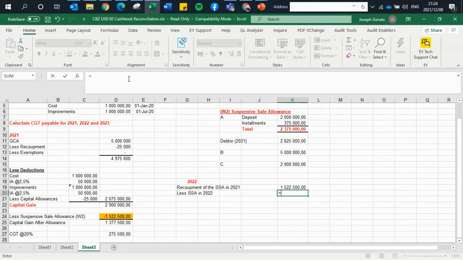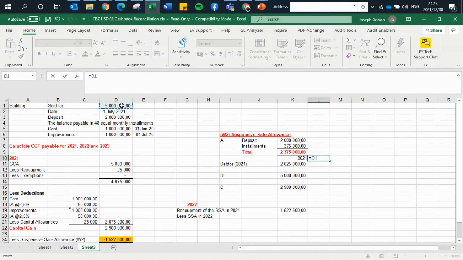The formula will not change. A changes. In this case, for 2022, our A will be the 5 million. We subtract the total that was paid in 2021, and we subtract the total that would have been paid in 2022.